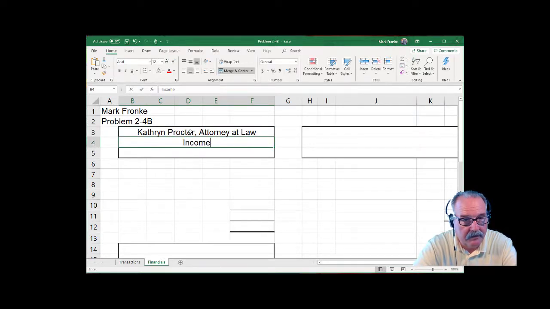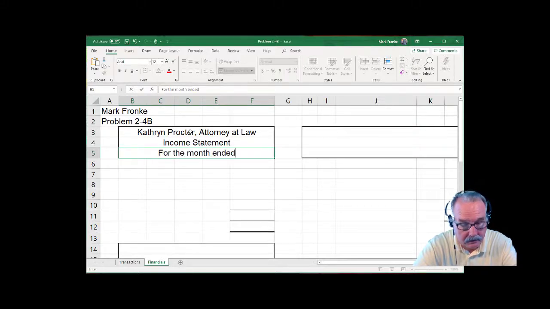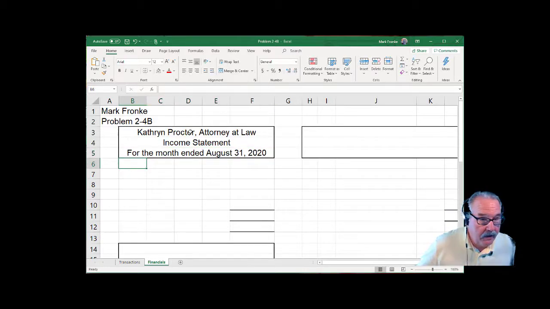And this is an income statement, and it's for the month ended August 31, 2020. This, by the way, Problem 2-4B is in your book on pages 50 and 51.